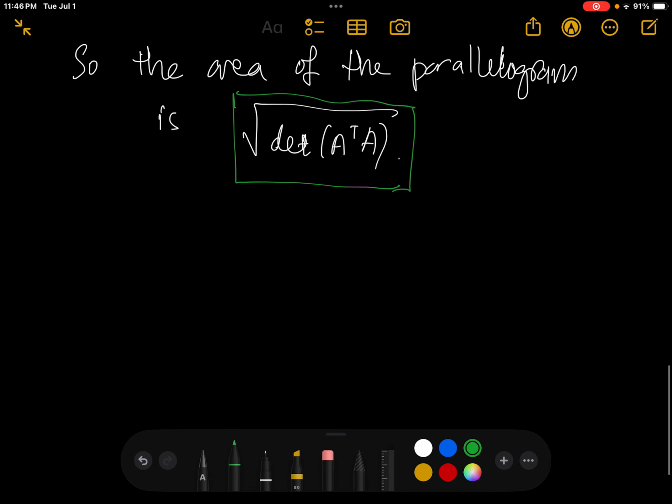And by the way, you can do the same thing if you have two vectors in R2.